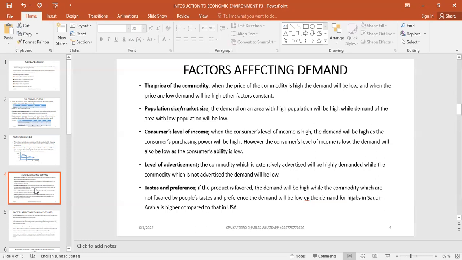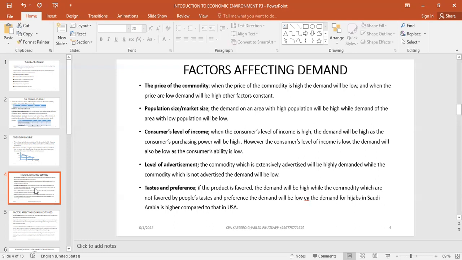So having understood that, we can talk about the next one, which is the consumer's level of income. This consumer's level of income affects demand in the sense that when people, let's say, are paid less salary, we expect them not to have enough disposable income which they can use to buy the goods.